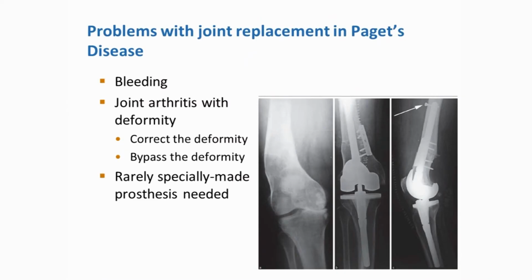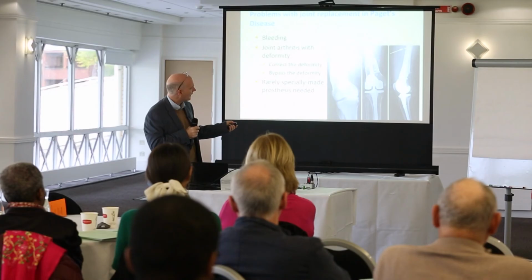And so here's a patient with a deformity above arthritis of the joint, and so what we want to do is, instead of having this thigh bone being this shape because of the pagetoid deformity, make it back into a straight bone, and we do that by taking a little wedge out about here and then putting the knee replacement in and having a long bit going up the thigh bone to control it. And it's also held with a little plate here, and that allows the fracture to heal.